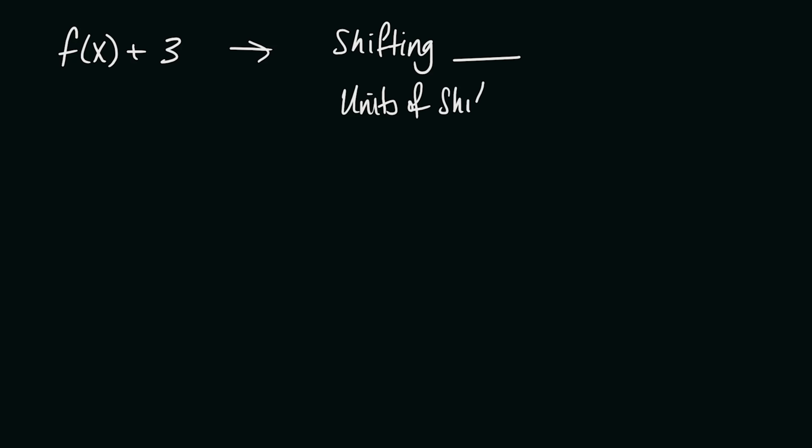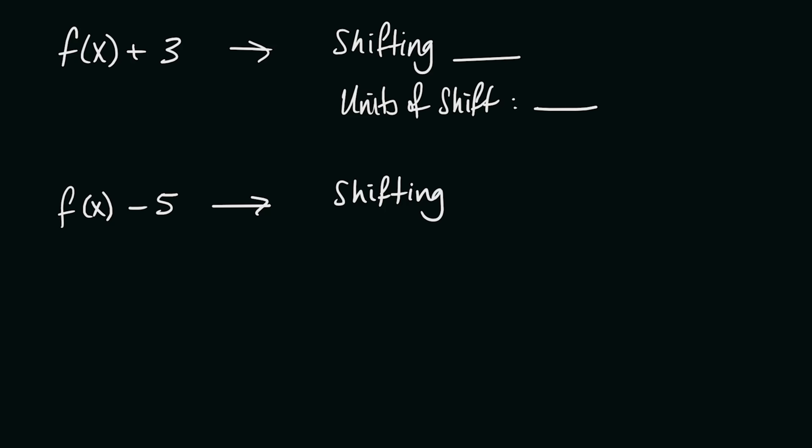Units of shift. And then let's give you another example. f of x minus 5. Shifting in what motion? And then units of shift. Now take a moment to yourselves and see if you can solve this right here.